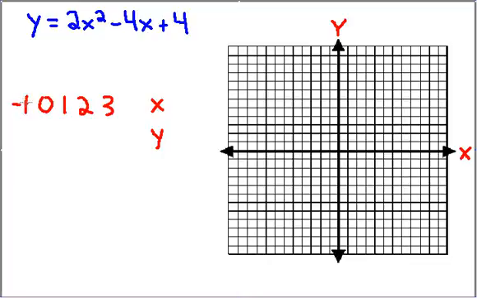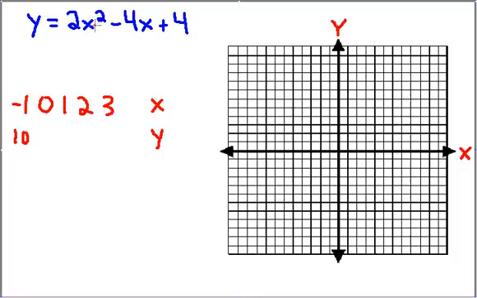So then, when x is minus 1, what's y? Well, let's put minus 1 back up here and calculate it out. Minus 1 squared is positive 1. 1 times 2 is 2. Minus 1 times minus 4 is positive 4. 2 plus 4 is 6. 6 plus 4 is 10. So when x is minus 1, y is 10.